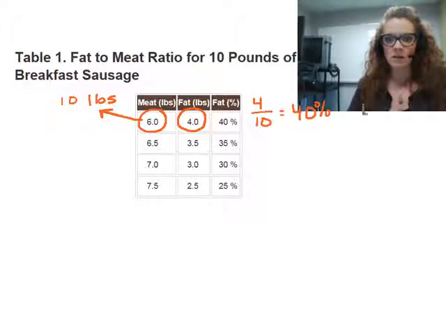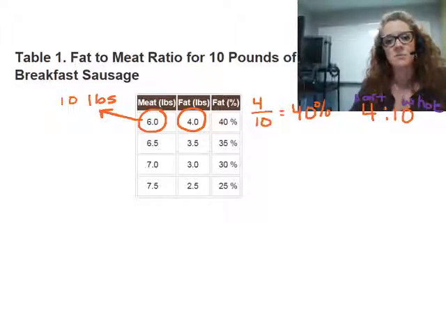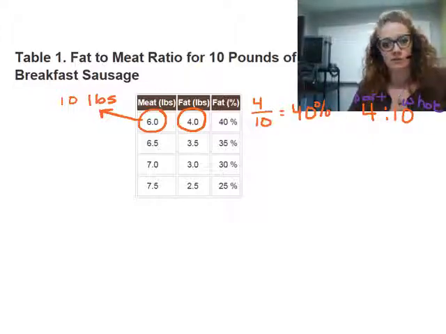Or it could be a 4 to 10 ratio, and this is, let me just change color here, part, and that is the whole. There aren't probably any sausage recipes that are just pure meat, one kind of meat; you would probably have 6 pounds of deer and 4 pounds of fat or something like that.